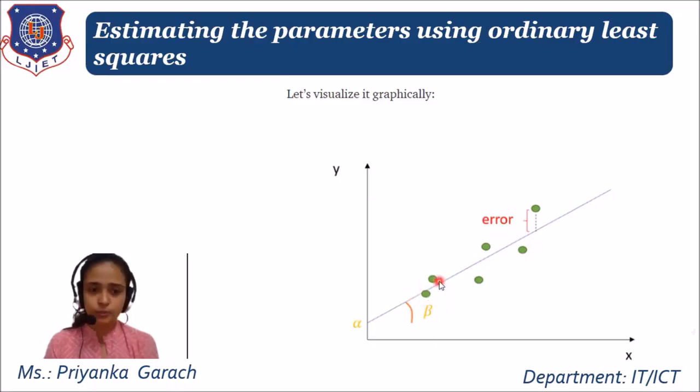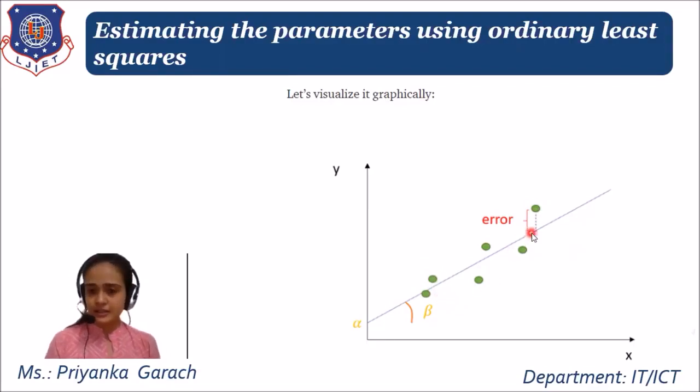This other green point is somewhat far from the regression line, so there will be some error, but it will be less compared to this error, because this point is very far from the regression line.